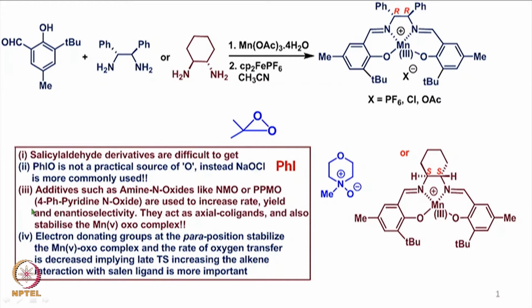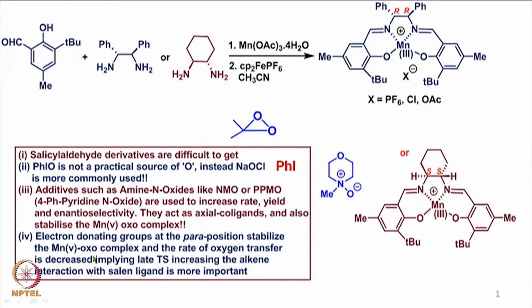In addition to that, it has also been found that additives such as amine N-oxides like N-methylmorpholine N-oxide, NMO, or phenylpyridine N-oxide, PPNO, are used, and they are found to enhance the rate, increase the yield, and also the enantioselectivity. They act as axial coligands and also stabilize the manganese(V) oxo complex, which is obtained by the oxidation of these manganese(III) salen complexes.